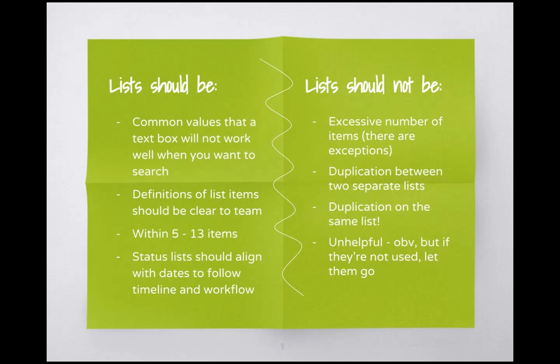Lists should be common values where a text box isn't going to work. So if you start to find a text box that has similar spellings, but the intent of the values in that text box are the same, a list will probably come into play.